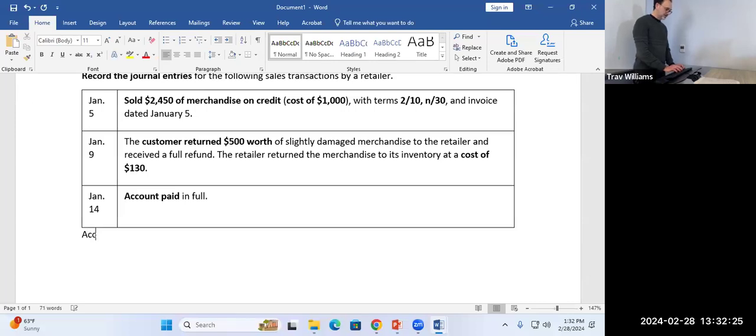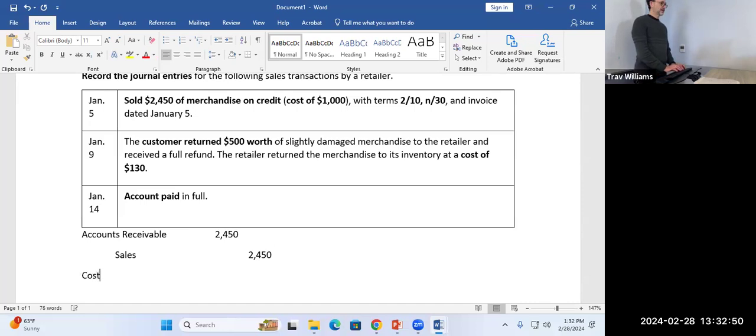Accounts receivable, yes. We're going to debit accounts receivable for the $2,450. And what would we debit to go along with that? Sales, 2,450, okay. And what else?